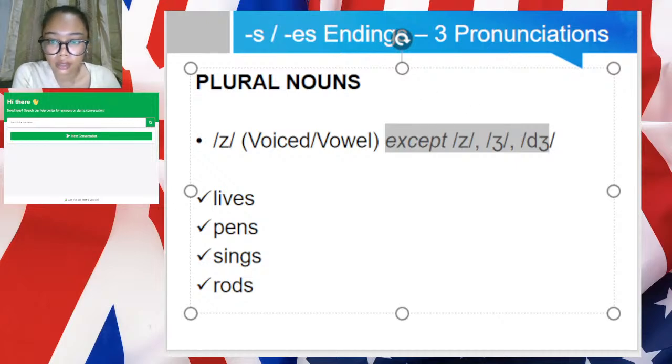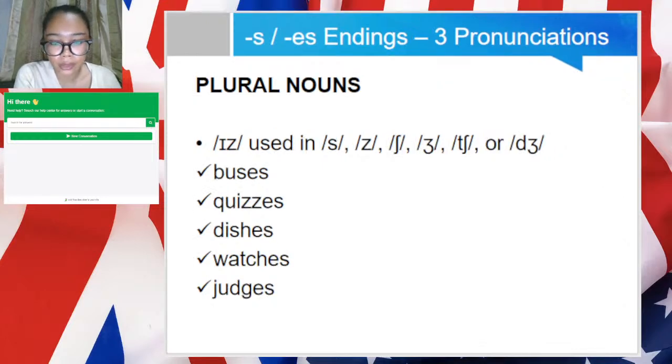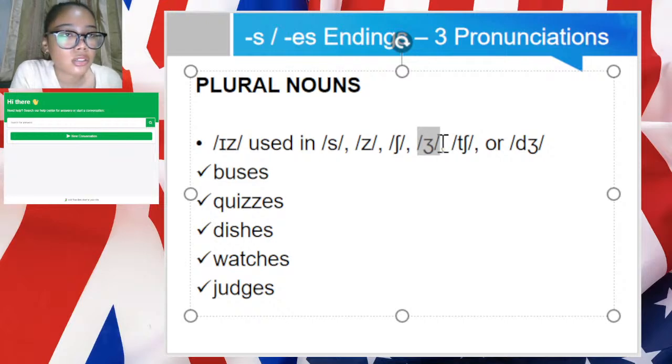So these three sounds here, those are part of rule number 3. Again, this is pronounced as zh, like television or vision. And then this one here is pronounced as ch, as in cheese, choke, something like that.